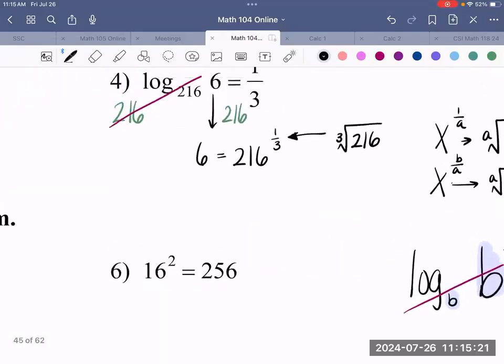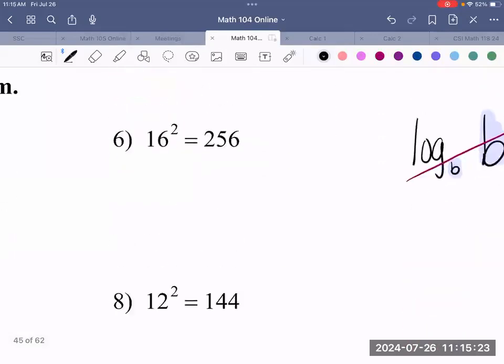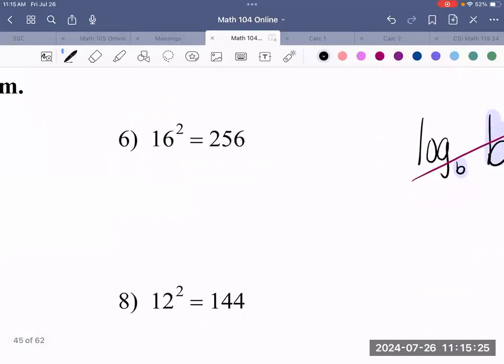So for instance, over here, number 6. We want to match the base, but again, we want to write the logarithm. So we're going to be writing log, and locating your base, we're going to write your base, 16. What you do to one side, you have to do to the other. So we're going to write log, and not log of 256.